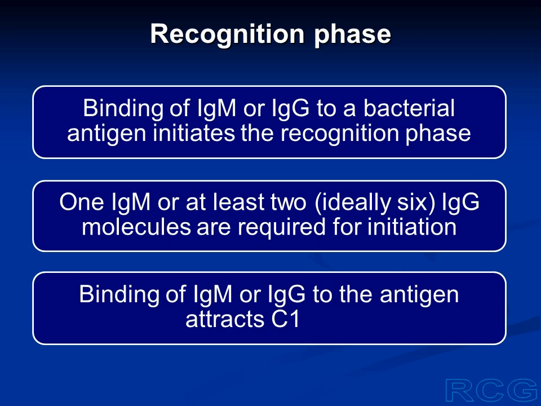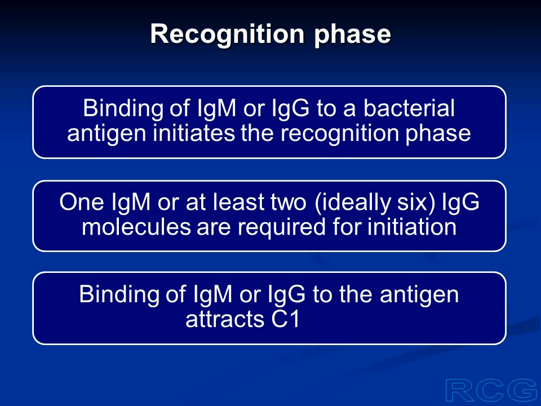So normally it is the binding of either IgM or IgG to an antigen, and this antigen is commonly present on the surface of a bacterial cell. So a number of antigen molecules are present on the surface of the bacterial cell, and when IgM or IgG antibodies bind to these antigens, the recognition phase is initiated.